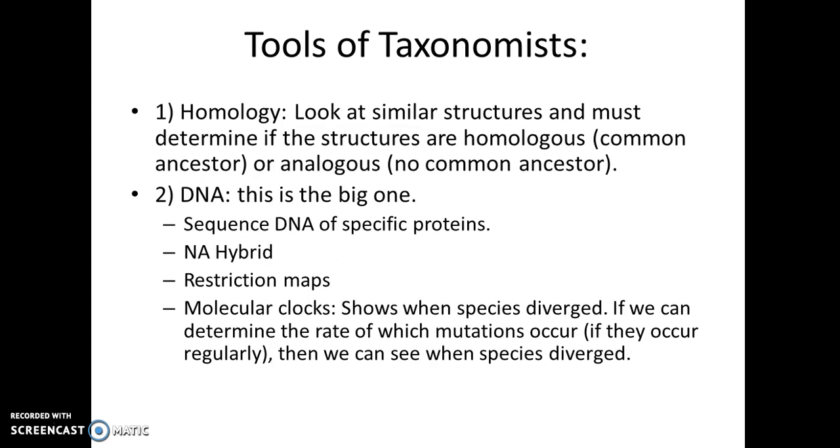You do restriction maps. Now, molecular clocks show when species diverge. If we can determine the rate at which mutations occur, and if they occur regularly, then we can determine when a species diverges. Now remember, this is a rough estimate. This is not specific at all. Molecular clocks are sometimes unreliable.